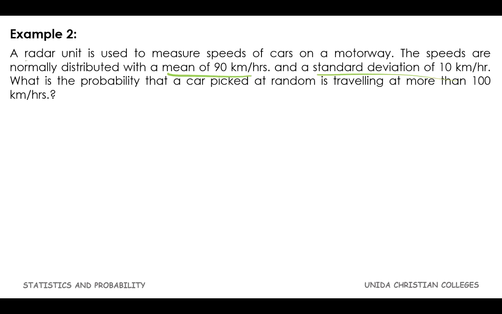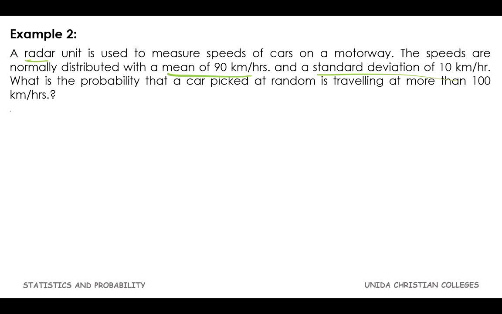Alam niyo yung radar class? Ayun yung nasa scan niya kung ilan yung speeds na tinatakbo ng isang sasakyan. So ngayon, kukunin natin yung probability na kung saan yung sasakyan nagta-travel siya more than 100 km per hour. Okay po? So ilang area kaya or ilang probability po yun.